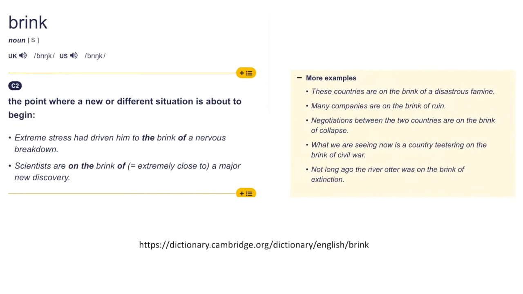Okay, so if we go to the dictionary, we've got the meaning, and one of the reasons I like the Cambridge Advanced Learner's Dictionary, other dictionaries do the same thing, is that as well as giving us a definition of this word, it gives us some examples of the word in action.